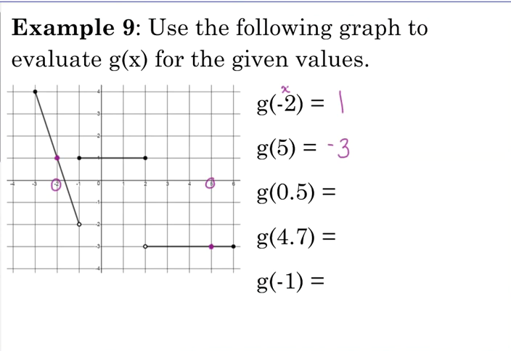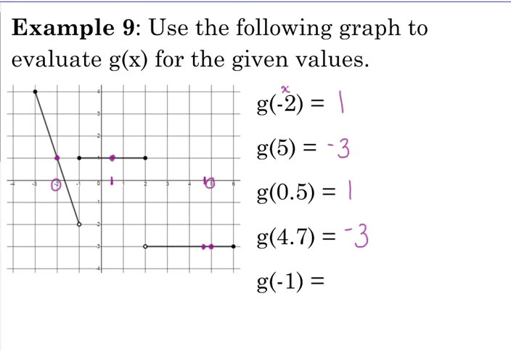Again, we tend to think in terms of whole numbers all the time, but there's nothing that says that we have to use whole numbers. 0.5 would be about right here, so we're looking at a point at y equals 1. Similar with something like 4.7. That's close to 5. It's pretty convenient in this case because it's on a horizontal line, so its y value is always -3.